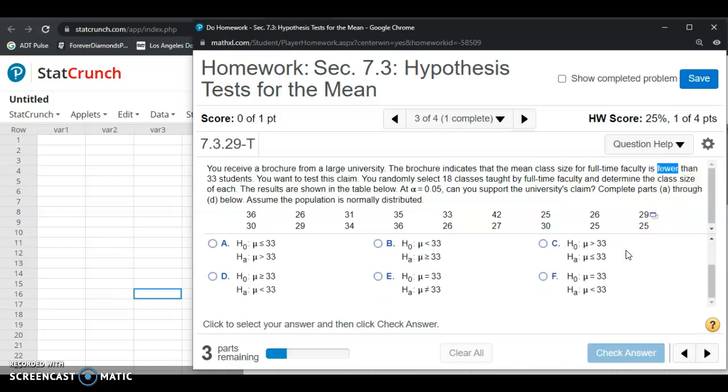So we want to select the answer choice where the less than symbol is used in the alternative hypothesis. Since it is used in two of these answer choices, only one of them is correct. It's either answer choice D or answer choice F.